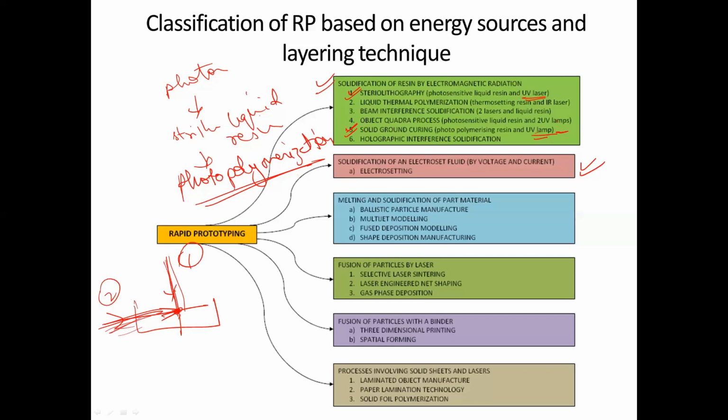Now, the second is solidification by electrosetting fluid. In electrosetting fluid, we have a vat and there is a fluid inside this vat, and this fluid contains some salts and metals.